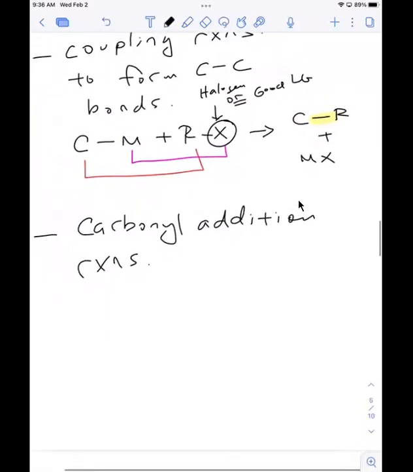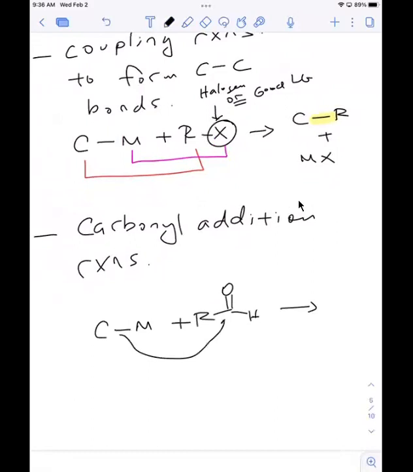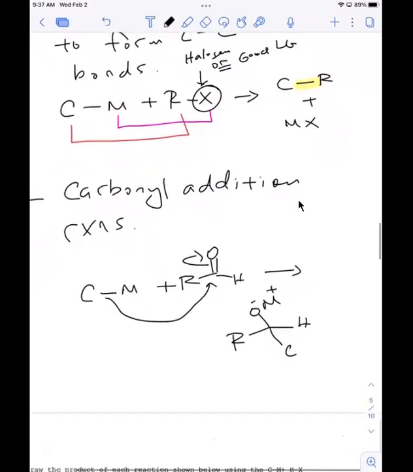And then with the carbonyl additions, it's similar. Because the carbon is the nucleophile, so it's CM plus, let's say, an aldehyde. When you react those two together, the carbon is going to attack the carbonyl, and then you'll end up with an intermediate that looks like this. So there's the carbon that attacked.